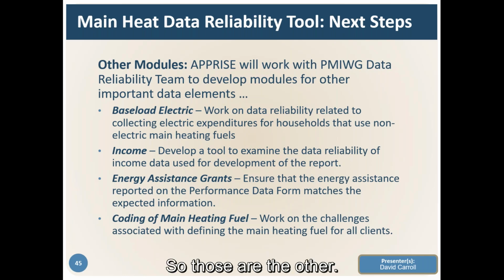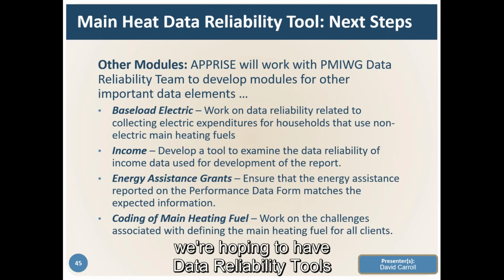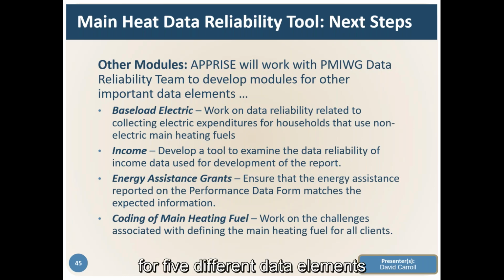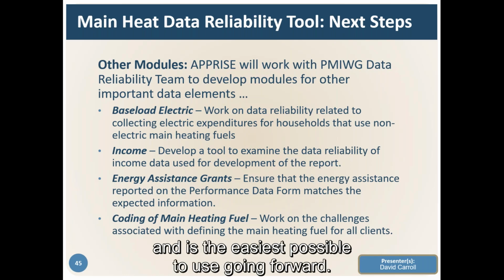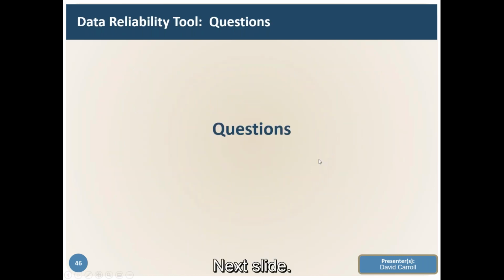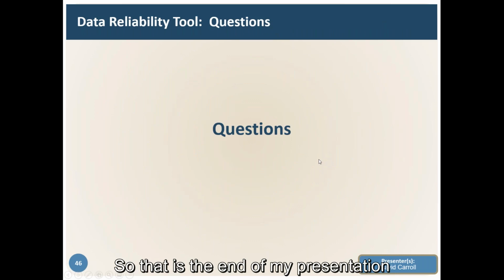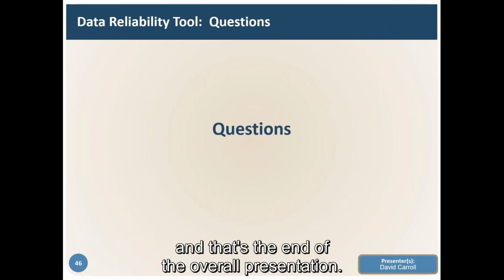So in the end, we're hoping to have data reliability tools for 5 different data elements. And we are hoping that it gives you the best information and is the easiest possible to use going forward.